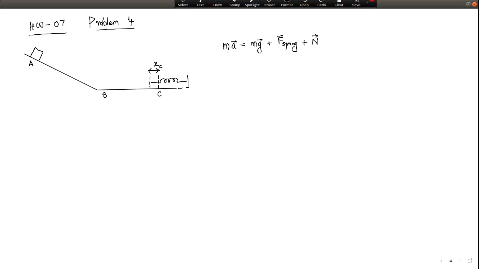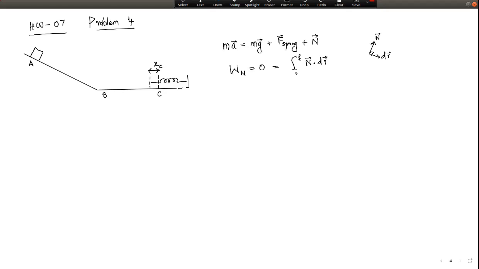But along the path, the work done by the normal force is equal to 0, because at every instant, this involves the integral from initial to final of the normal force dotted with the infinitesimal displacement, but the normal force is always perpendicular to the infinitesimal displacement, and that leads to it being 0 at every instant.